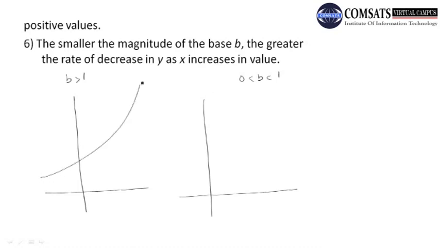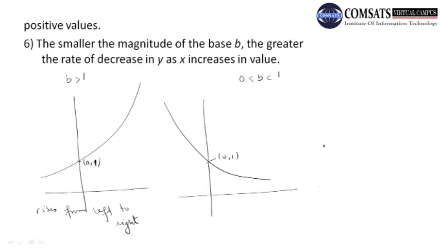In this case, this is our graph, where this is the point (0, 1). The graph is an increasing function, and the graph rises from left to right. And for the case of b between 0 and 1, this is our graph with y-intercept (0, 1), no x-intercept.